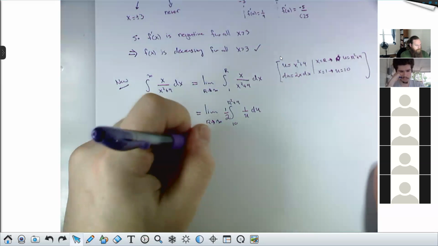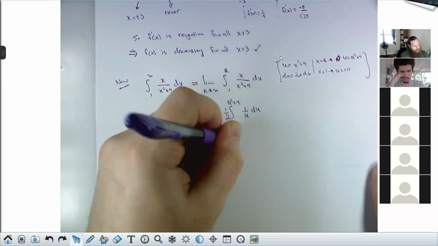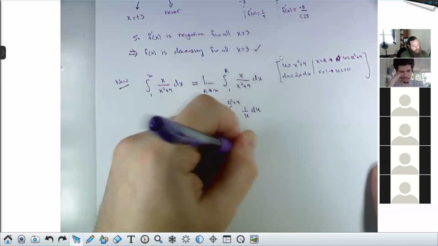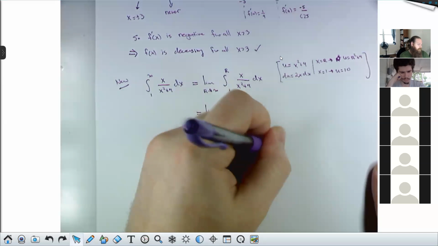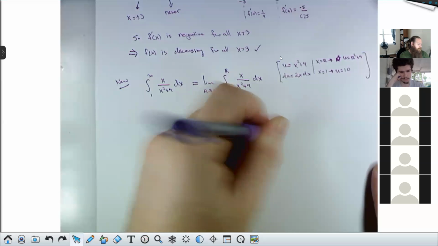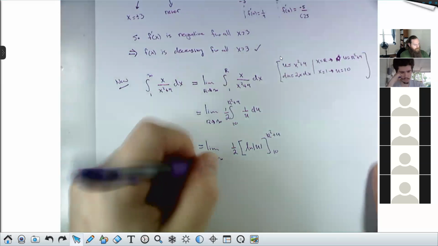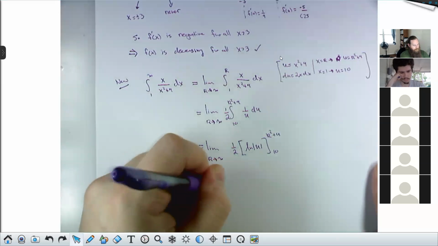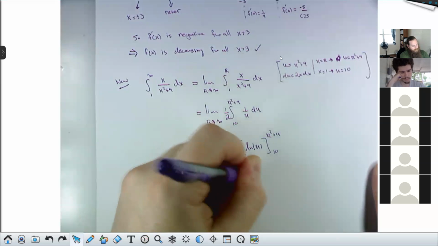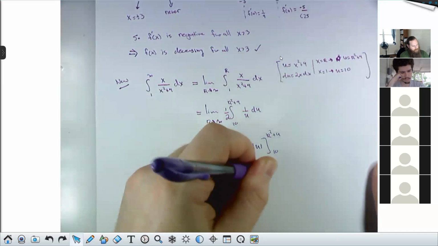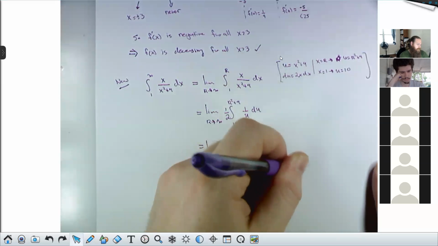And that will be a natural log. So the limit as r goes to infinity of 1/2 natural log absolute value of u evaluated from 10 to r squared plus 9. Which will be the limit as r goes to infinity of 1/2 times natural log absolute value of r squared plus 9 minus the natural log of 10.